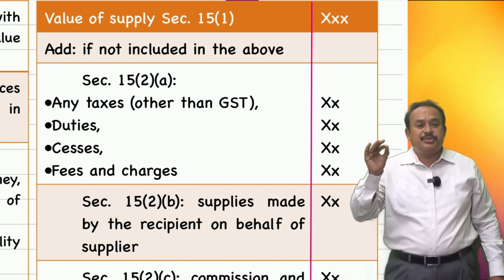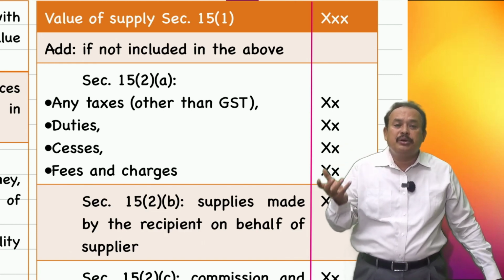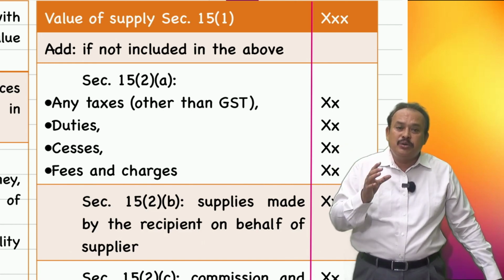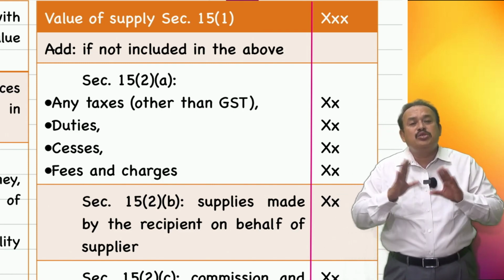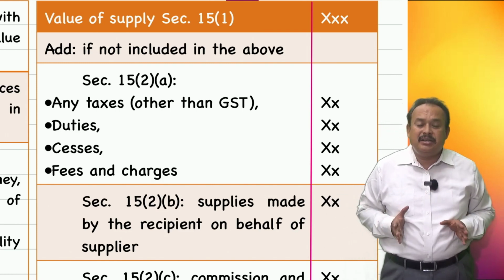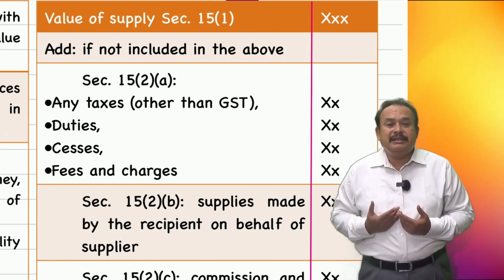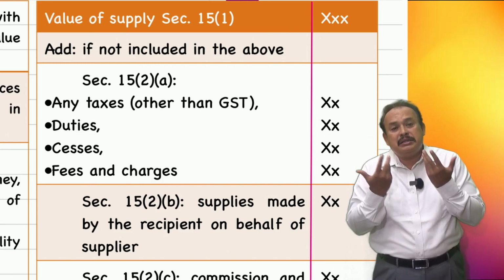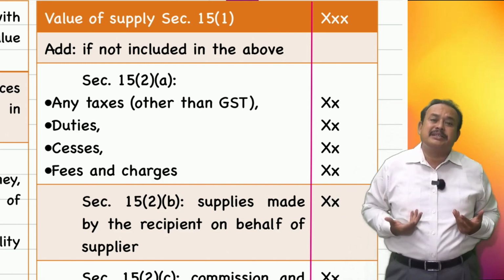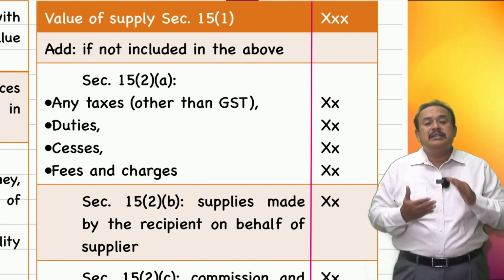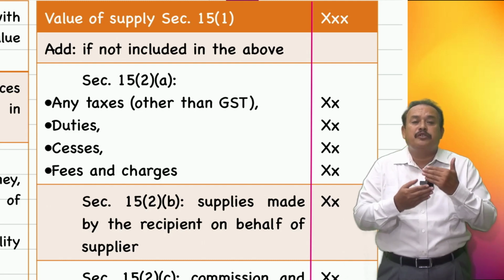When would GST taxes form part of the value of supply? In one exceptional case. If I procure goods and I am not willing to avail input tax credit of the GST paid on procurement of those goods, or those goods are not eligible for input tax credit, then the GST paid on such procurement will form part of the cost of purchases.